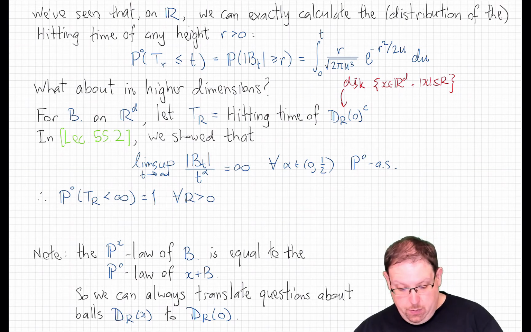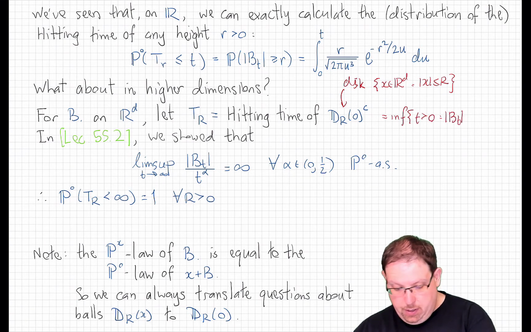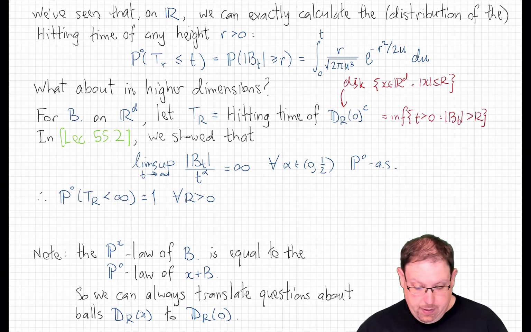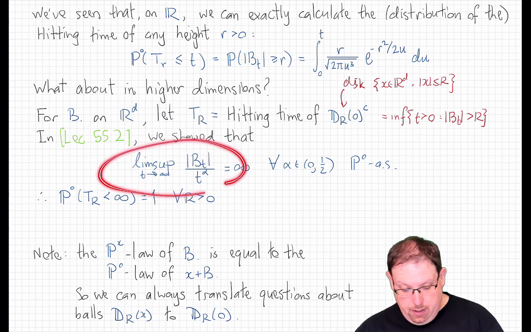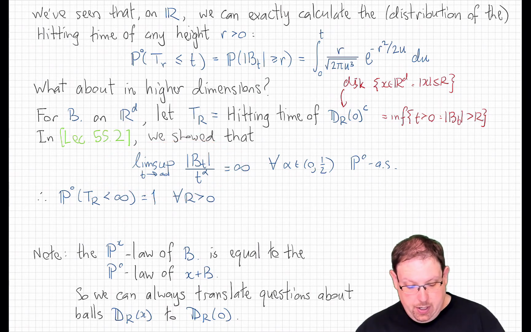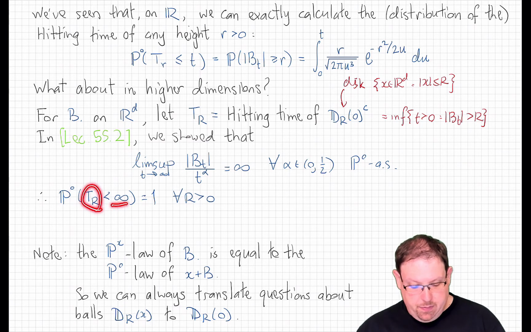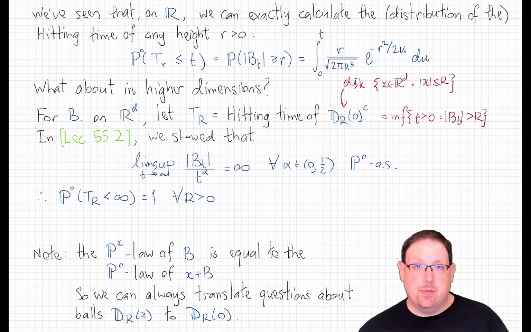So here we're asking about the infimal time at which the modulus of Brownian motion is bigger than any particular height r. From this result here, even with alpha taken down to 0, we learned that starting at 0, the probability this hitting time is finite is 1 for any r. That is, the Brownian motion almost surely leaves any bounded region.